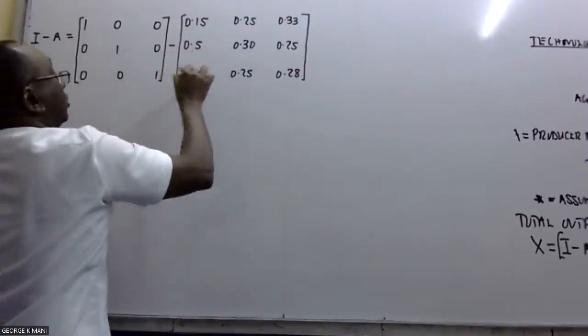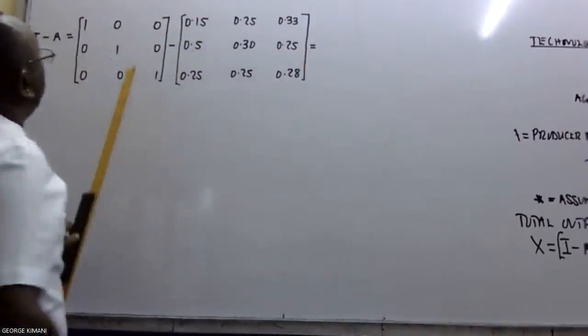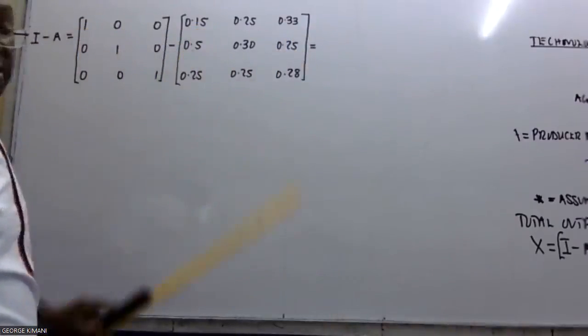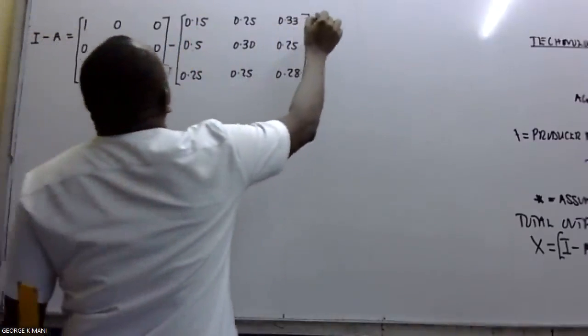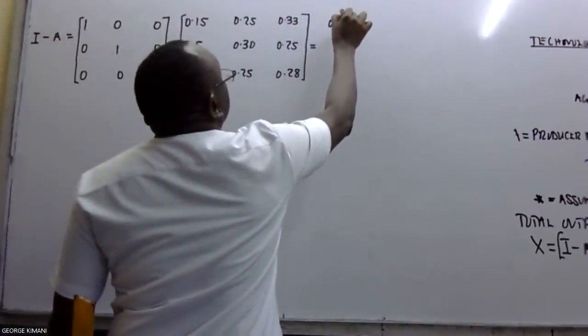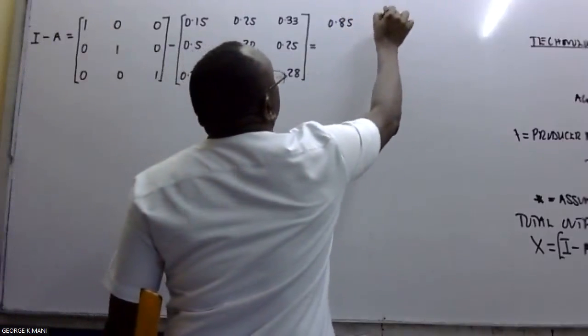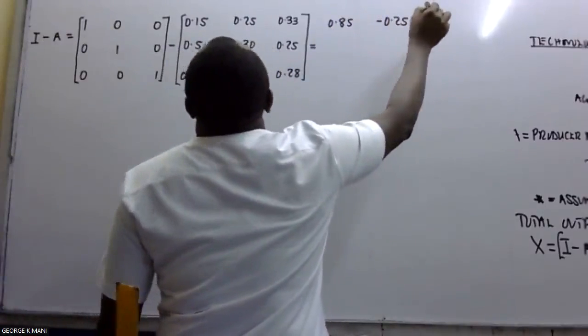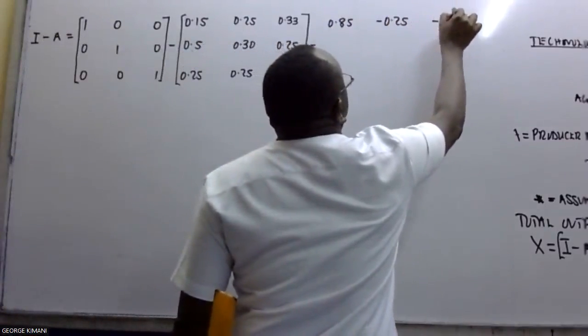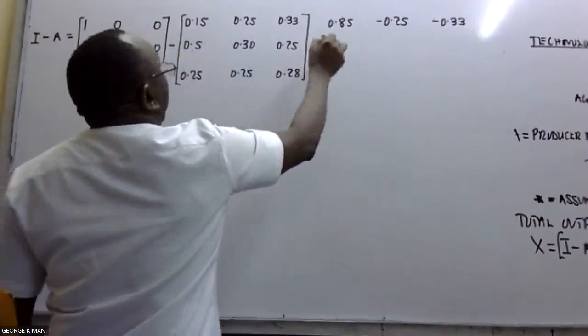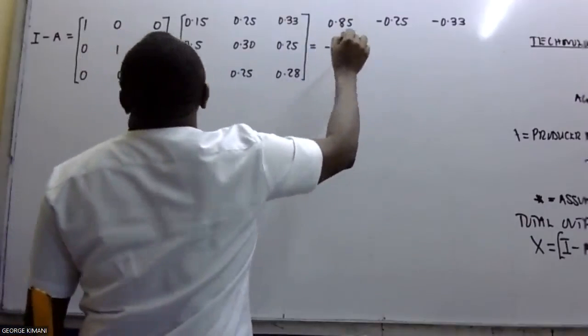Now, if you want to subtract matrices, it is 1 minus 0.15. That would give us 0.85. This one will be minus 0.25. This will be minus 0.33. Again, minus 0.5.